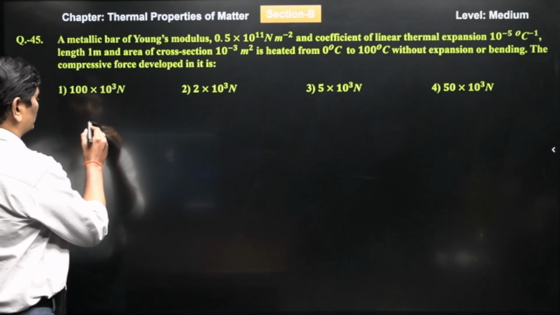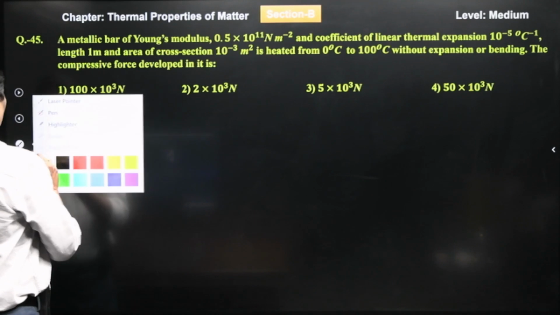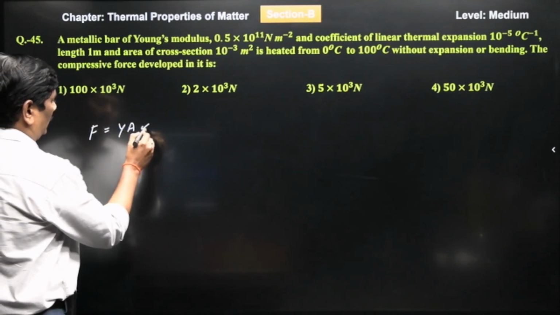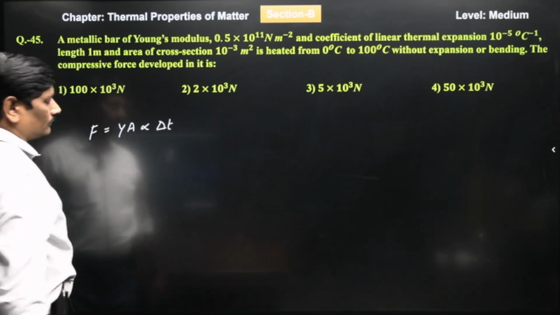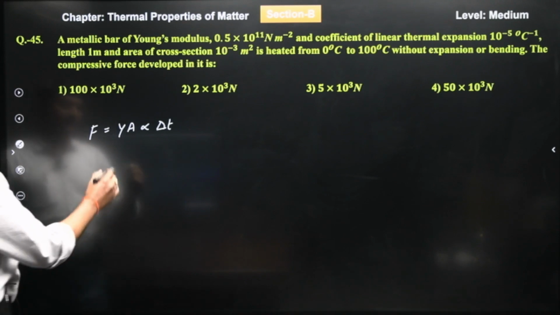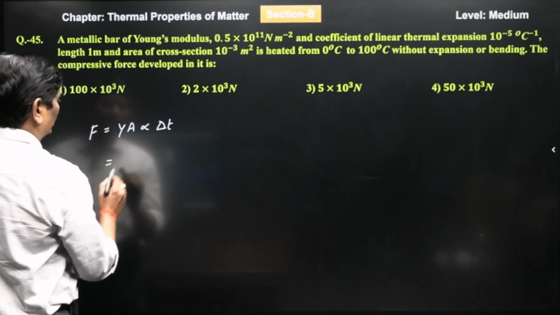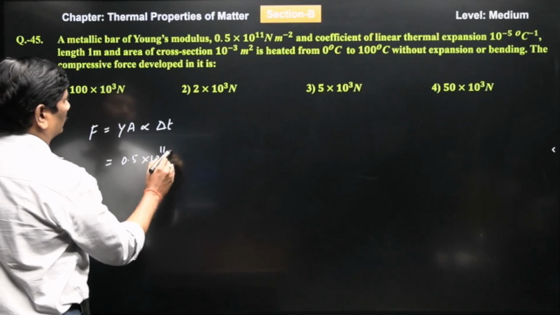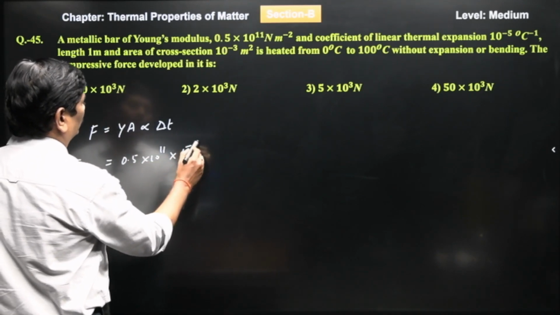Compressive force means F is equal to Y A alpha delta T. We have this relation from thermal stress; from thermal stress, you can find thermal force. Y is given 0.5 into 10 power 11. Area of cross section 10 power minus 3.